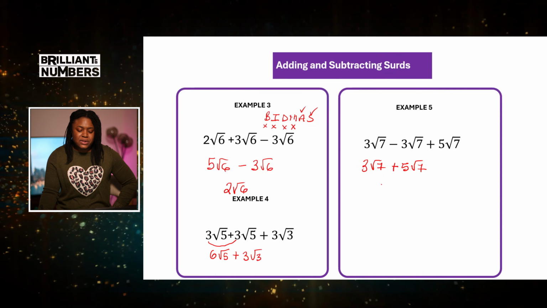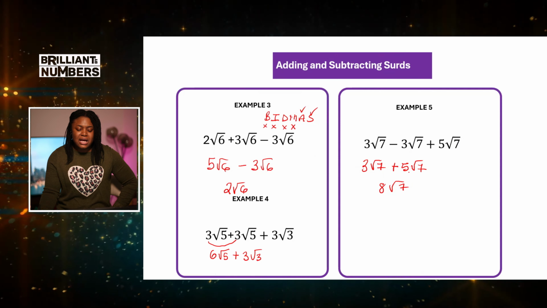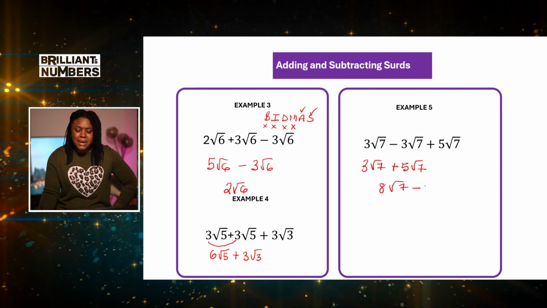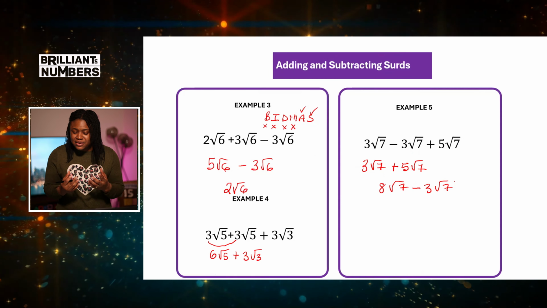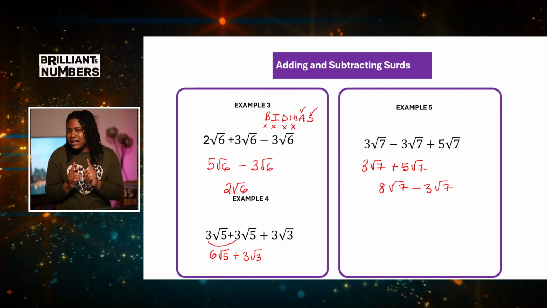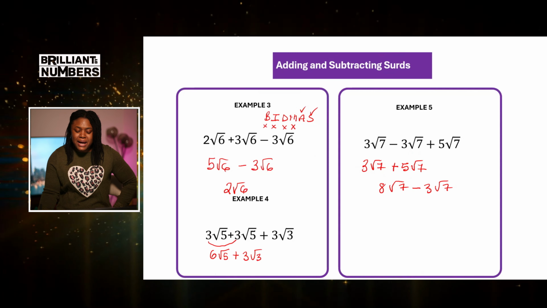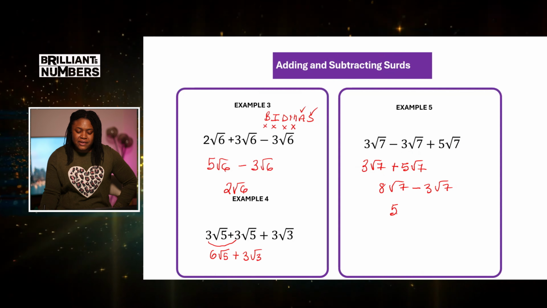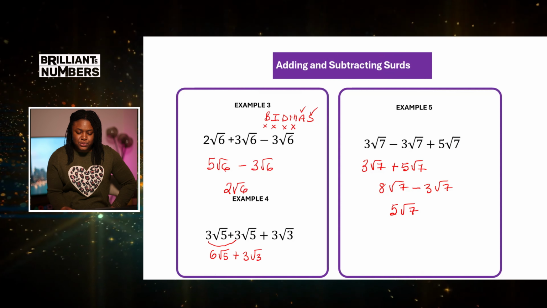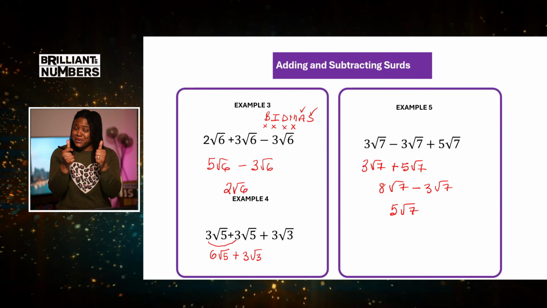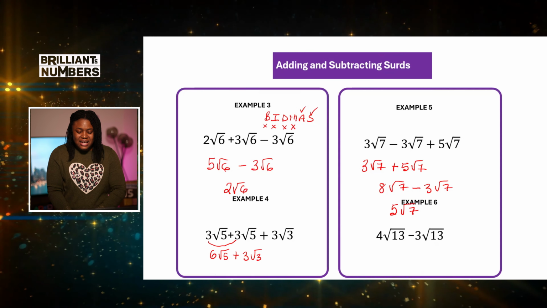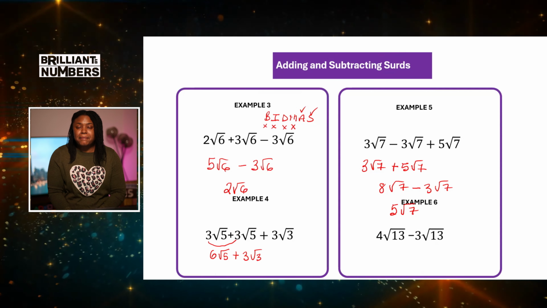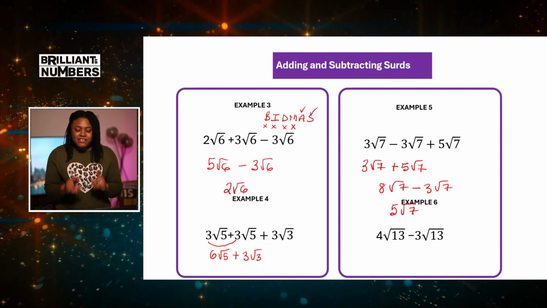So then this will give me 8 root 7. I now rewrite my minus 3 root 7 and I can now see clearly that I am subtracting. So 8 minus 3 gives me 5 and the common root is root 7. There we go.